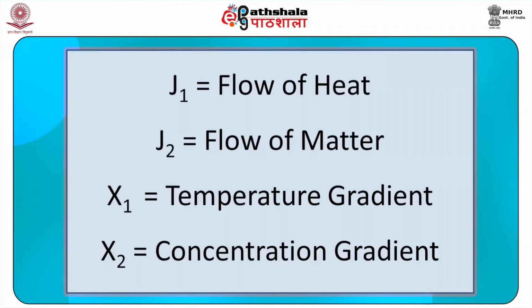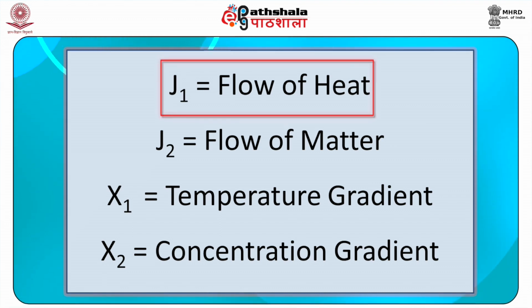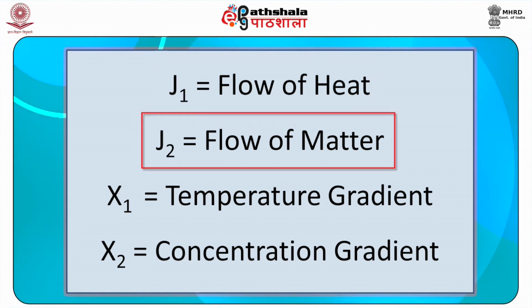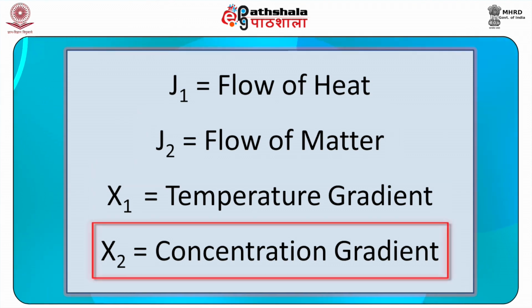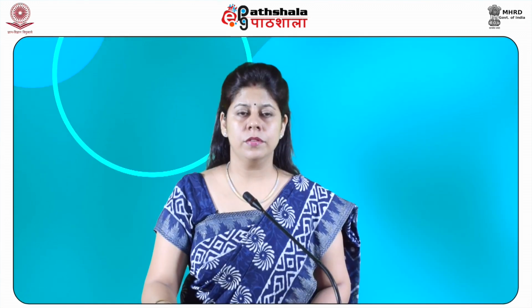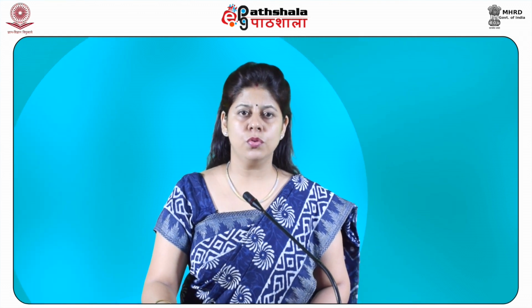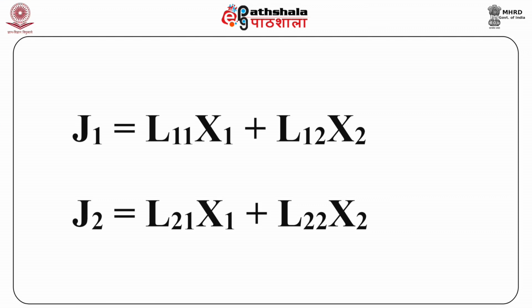Now consider two flows J1 and J2, where J1 is the flow of heat, J2 is the flow of matter, X1 is the temperature gradient and X2 is the concentration gradient. We know that J1 is directly proportional to X1 and J2 is directly proportional to X2. If the two processes occur simultaneously and the system is close to equilibrium, the flows and forces are related by the phenomenological equations.